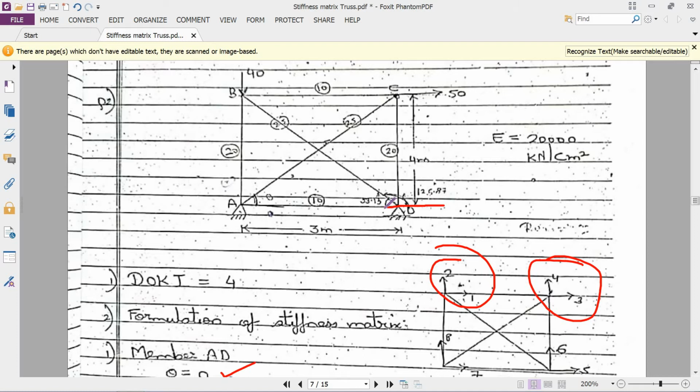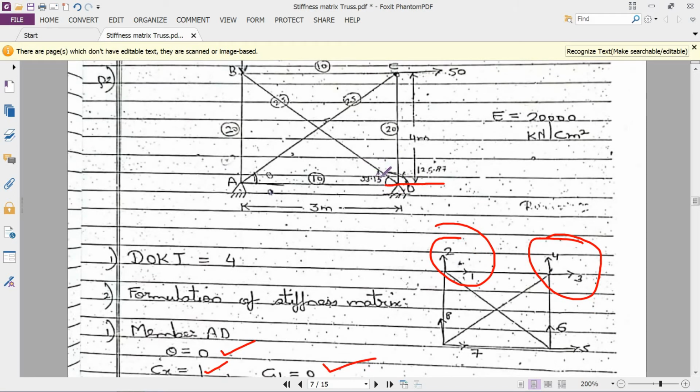As per the rule of the stiffness matrix for the truss element, it is mentioned in the derivation itself that whatever angle is formed with respect to the horizontal should be measured in the anti-clockwise direction. So this 53.13 is given.